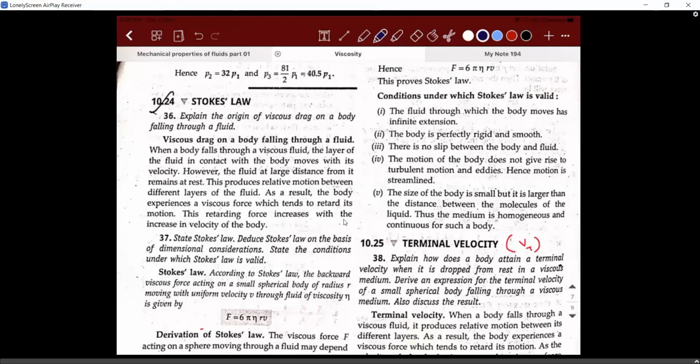So it is not under ideal condition. It is still under a non-ideal fluid, which has viscosity. This law is explained with respect to a sphere. So when you take a solid sphere and drop it into a viscous liquid, then you can observe one important thing.